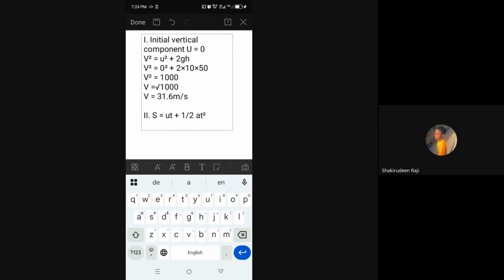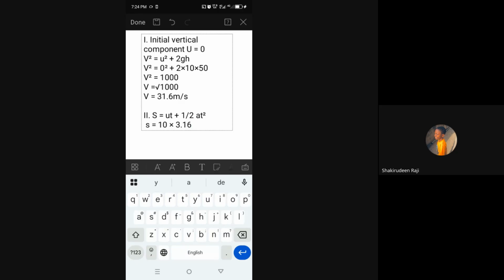So my s now is equal to u, 10. That's the initial velocity that was given. The ball was projected horizontally with this velocity. So that's the horizontal velocity times time. The time you calculated was 3.1 something, Abby. 3.16.